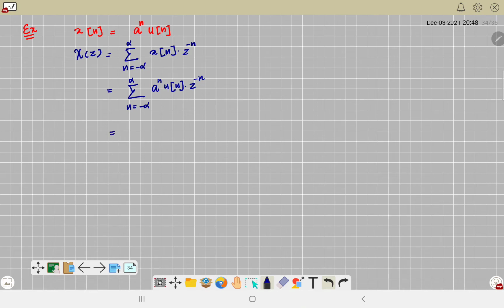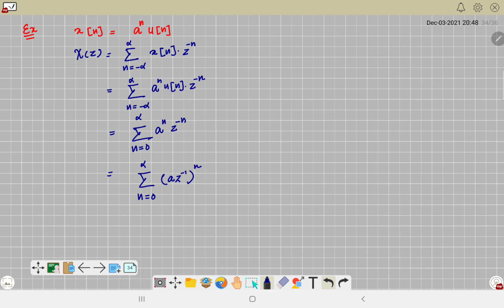Now since u of n is there, the summation will go from 0 to infinity, because u of n only has a value of 1 from 0 to infinity. We can further write it as a z raised to the power minus 1, whole to the n.